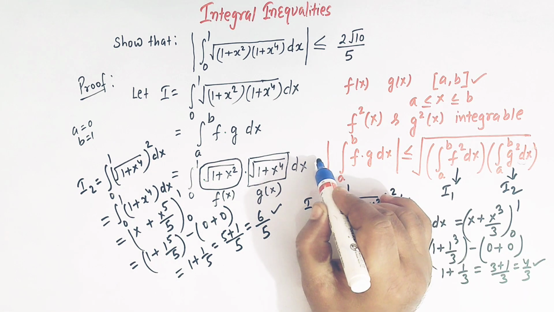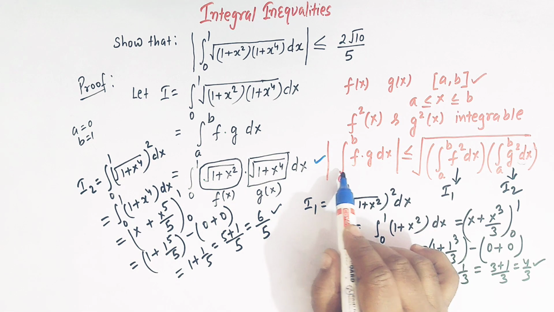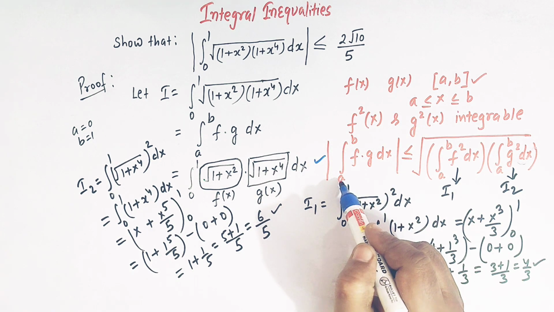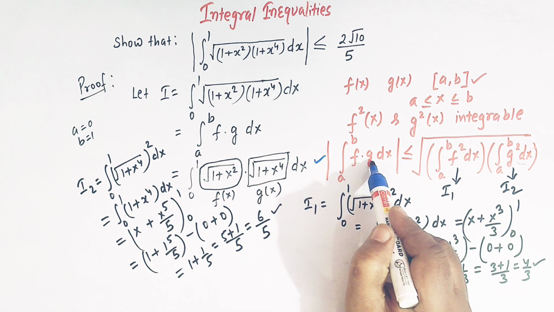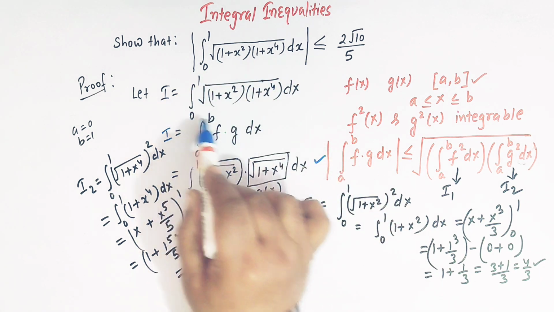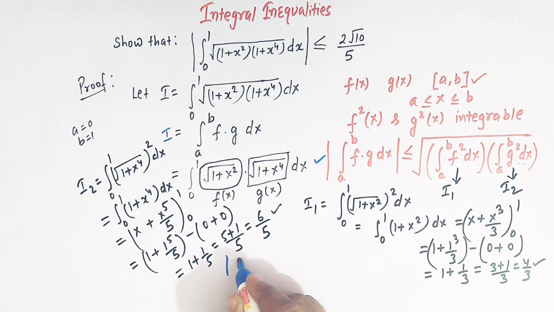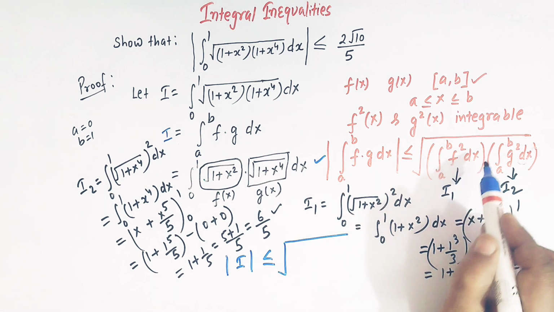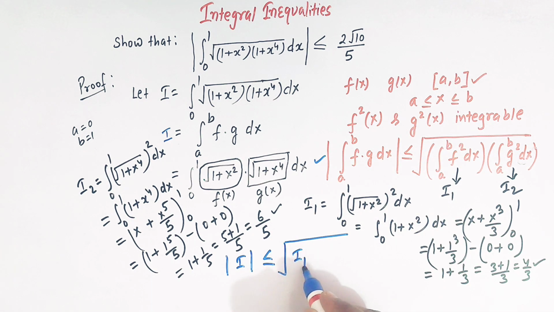Now the Cauchy-Schwarz inequality assumes this form: if we take the integral a to b of f g dx as I, because I is our integral, then mod of I is less than or equal to the square root of I1 times I2.